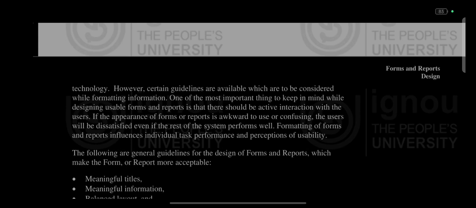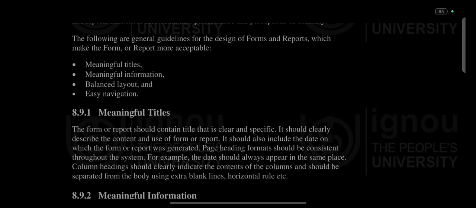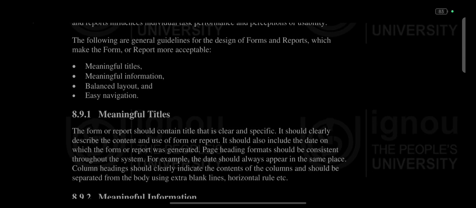Formatting of forms and reports influences individual task performance and perceptions of usability. The following are general guidelines for the design of forms and reports which make the form or report more acceptable: meaningful titles, meaningful information, balanced layout, and easy navigation.